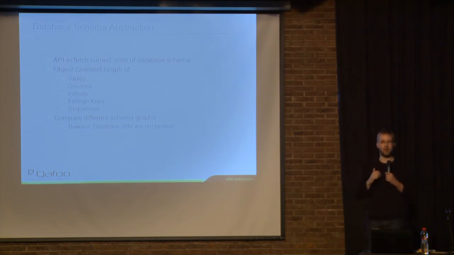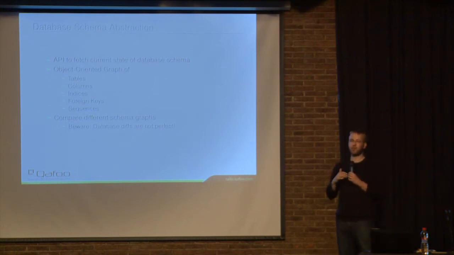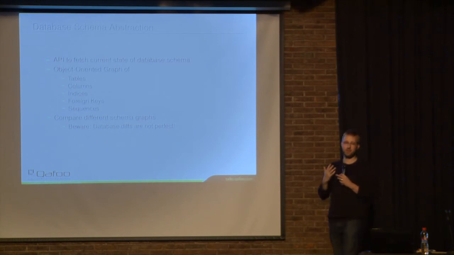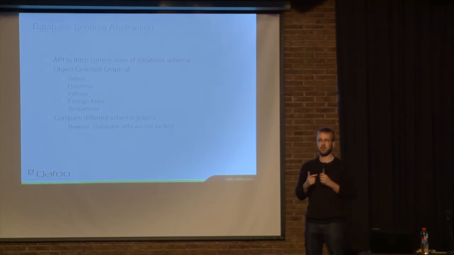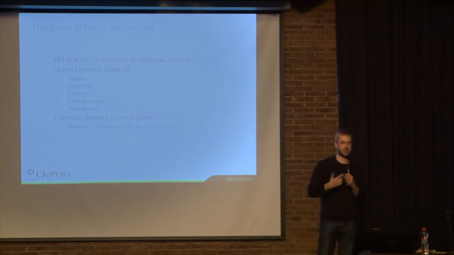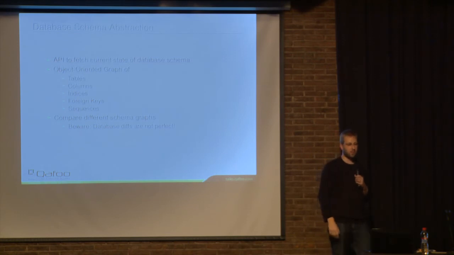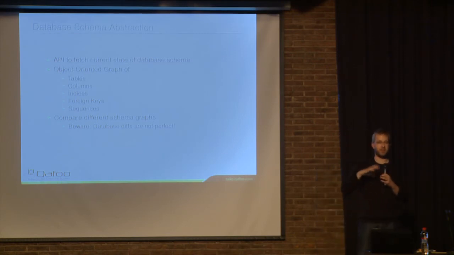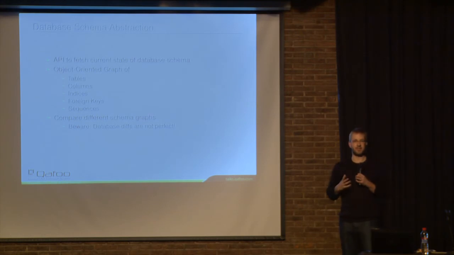There's a simple object-oriented API that allows you to create a graph of your database schema, including tables, columns, foreign keys, and indices, for example. Sequences are also supported, and we are thinking about adding triggers and view statements as well. If you have this object-oriented representation of your database, then you can start working with it.